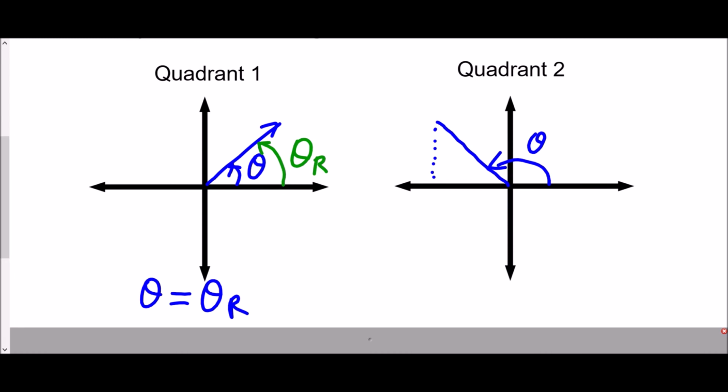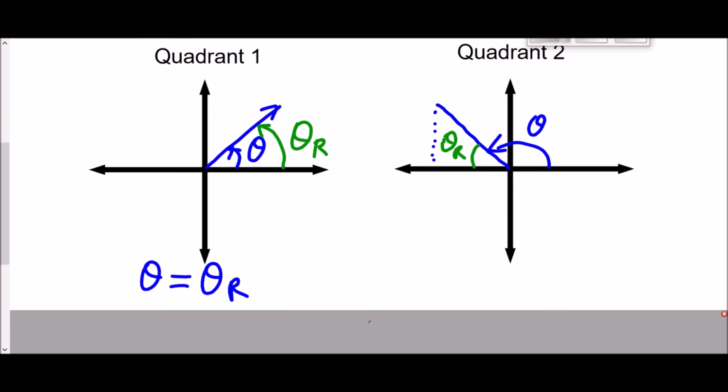If you cannot see what's going on, connect a point on the terminal arm with the x-axis. You can see that there's a triangle, and the angle inside that triangle is your reference angle. So how do you find this reference angle? This is 180.